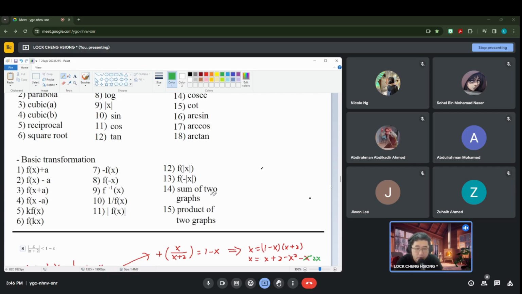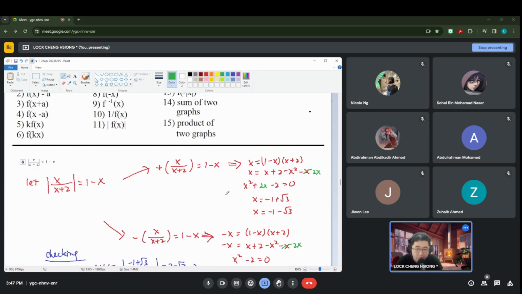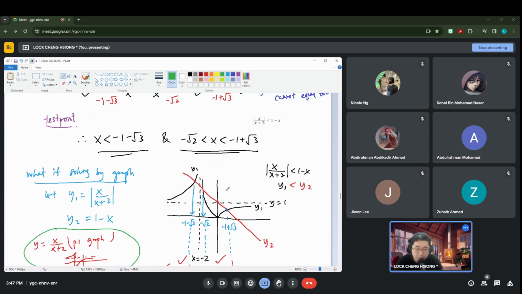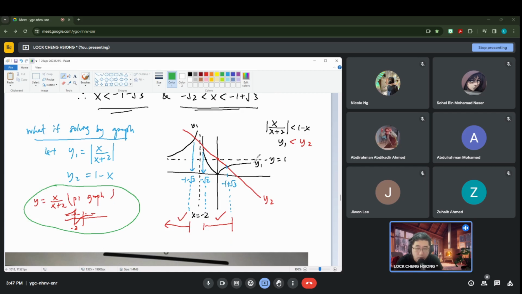So you have these transformation questions that may appear in your exam. For example, how do we draw this graph? We use the P1 reciprocal graph, then we do folding, and only then can we draw the line.